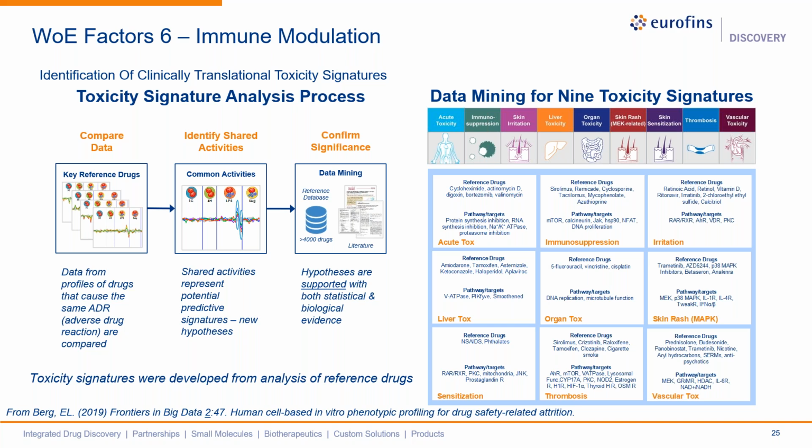It is a 3-step approach. First, we compare drug profiling to identify shared biological activities. Then we pinpoint common molecular interactions. Finally, we confirm our findings through data mining, supporting our hypothesis with both statistical and biological evidence. Next slide.